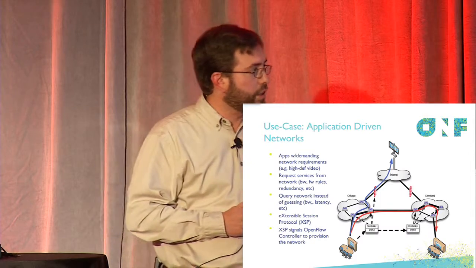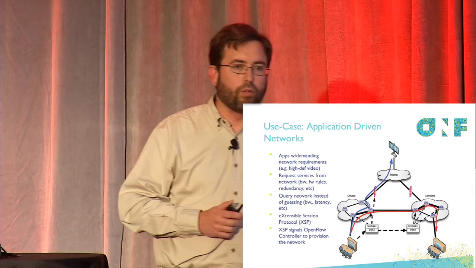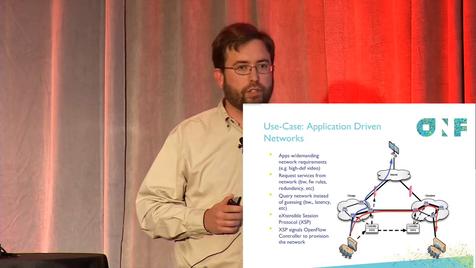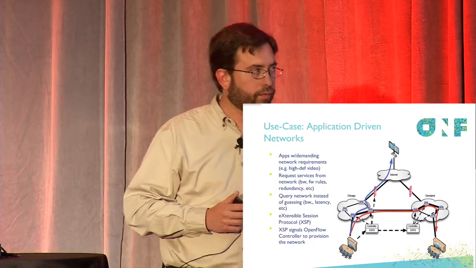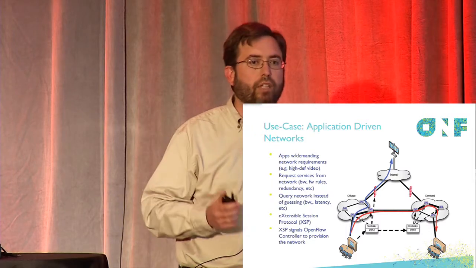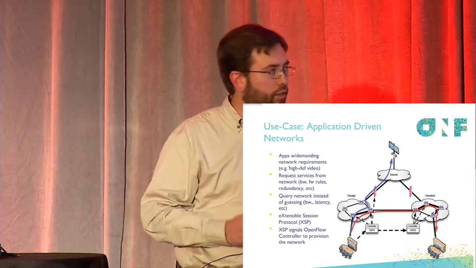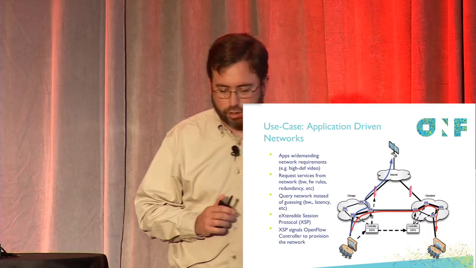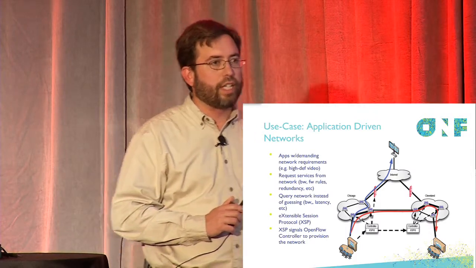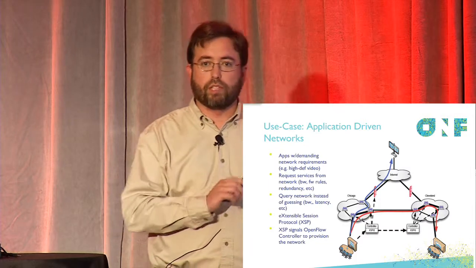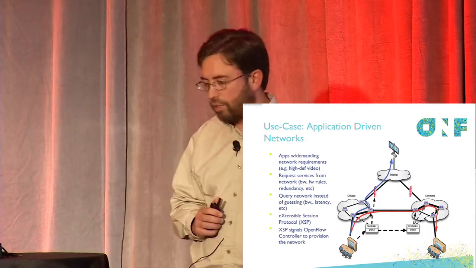It basically is a way for the application to signal to this thing called the XSP daemon what it wants out of the network. And it's actually a two-way conversation where it can say, I want to do 50 megabits for my video. Is that available? And the daemon can say, no, it's not available, and you can negotiate down. But then it talks to an OpenFlow controller, and then that OpenFlow controller can go off and actually provision the network. That could take the form of, say, building a VLAN, a circuit from place to place, setting QoS settings, as Steve talked about.